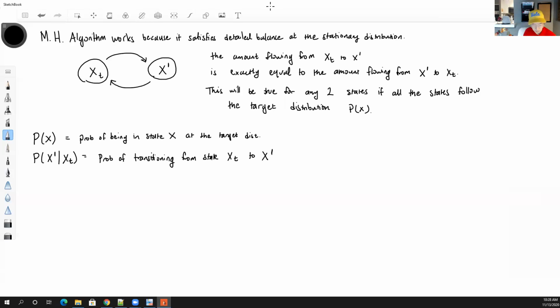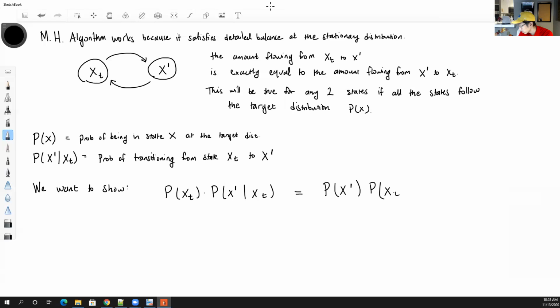Okay, and so what we need to show, and I guess I'll do this on the next slide, is that the probability of xt multiplied by this is equal to that.